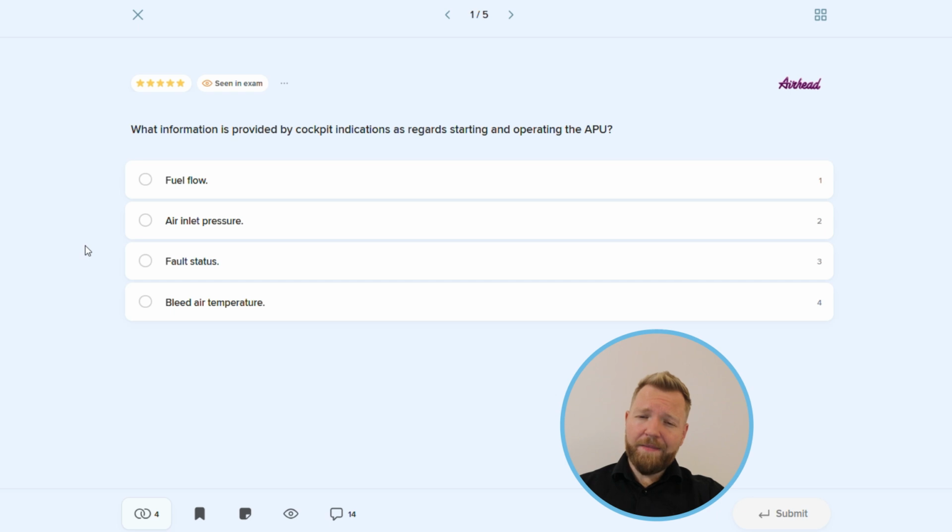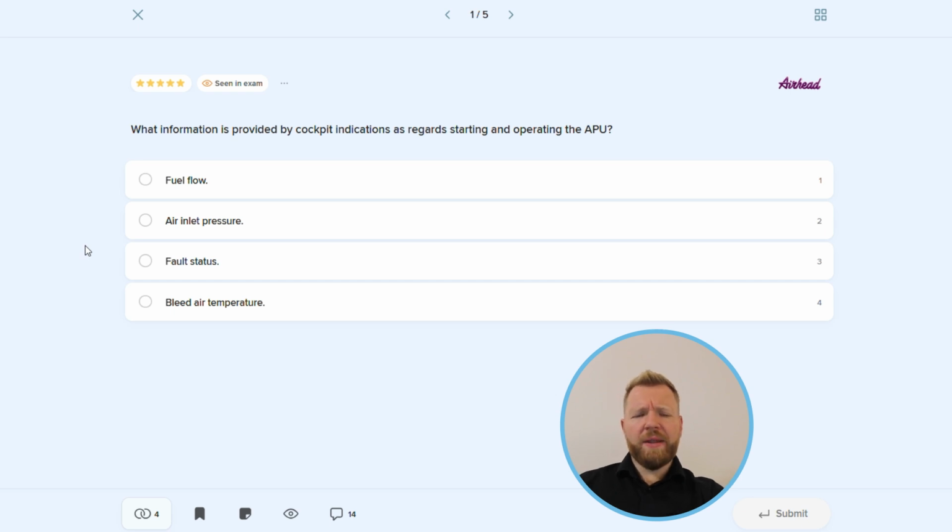On the other hand, the engine has a variety of automatic protections, which will shut down the APU automatically in certain occurrences like low oil pressure, high oil temperature, overspeed, exhaust gas temperature exceedance, or fire warning, but this one only on the ground.